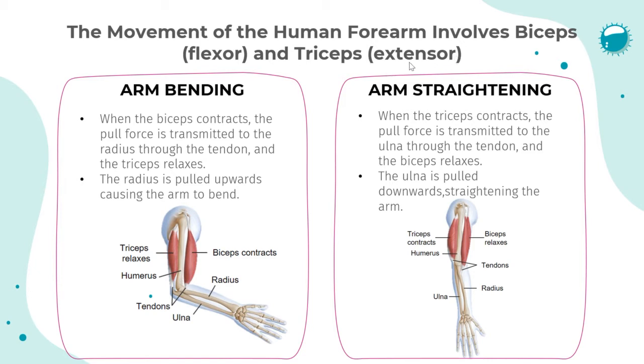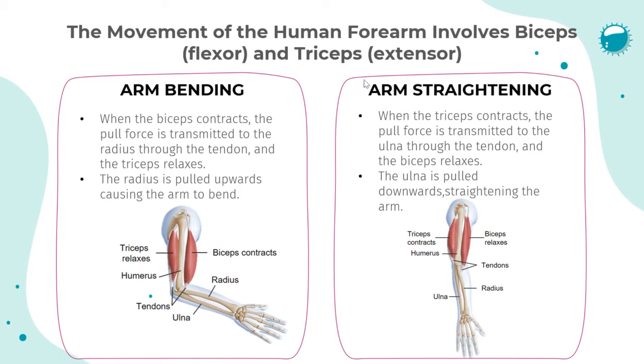What does extensor mean? It refers to the muscle that straightens the limb, in this case the muscle that straightens the forearm. The extensor is the triceps, because when the tricep contracts, it will extend or straighten the limb.